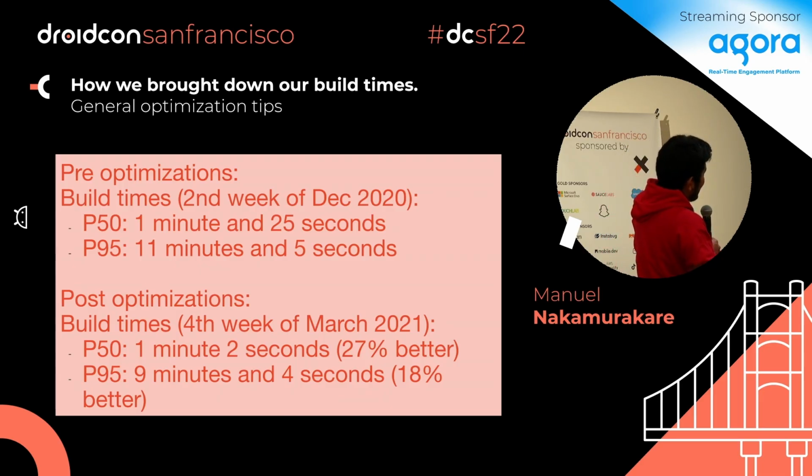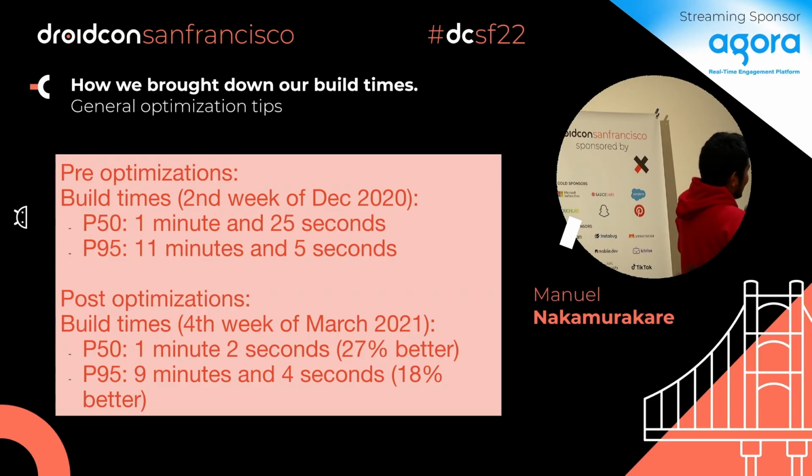P95, 11 minutes and 5 seconds. Post-optimizations, but before M1s, as measured in March 2021, our P50 was 1 minute, 2 seconds, or almost 30% better. Our P95, 9 minutes and 4 seconds, almost 20% better.